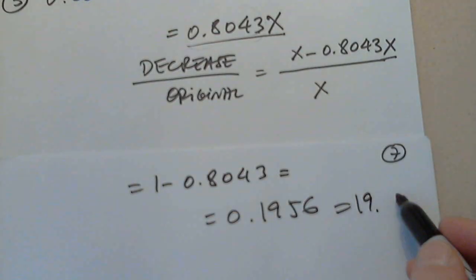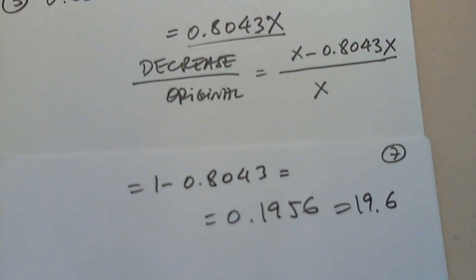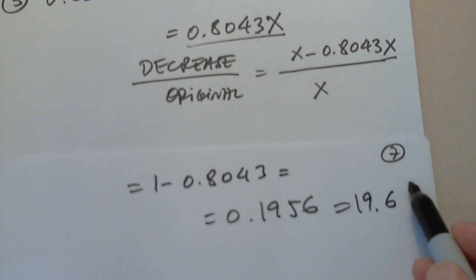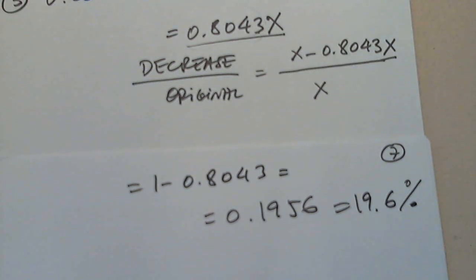They want 1 decimal digit, so this will be 6. So 19.6%. But that was not clear to me when I read it the first couple of times, that they wanted what percent decrease results. So they want the decrease to be divided by the original. So they didn't want where we ended up, but they wanted the percent decrease. So I got 19.6 in that case.